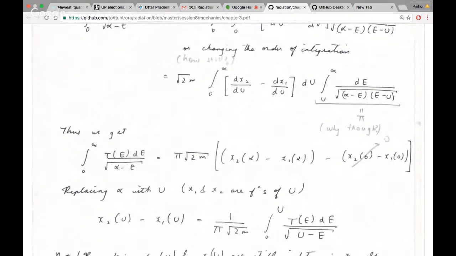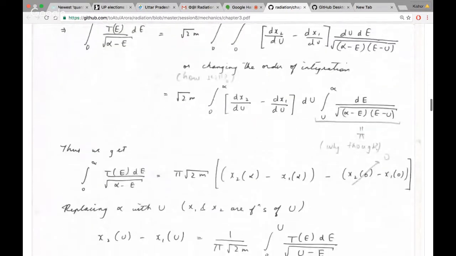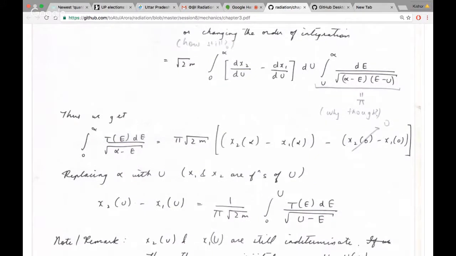Okay, so thus we get the integral of T dE divided by under root alpha minus E equal to pi into under root 2m, and there you get x2 alpha minus x1 alpha minus x2 0 minus x1 0. And we take x2 0 to be 0.